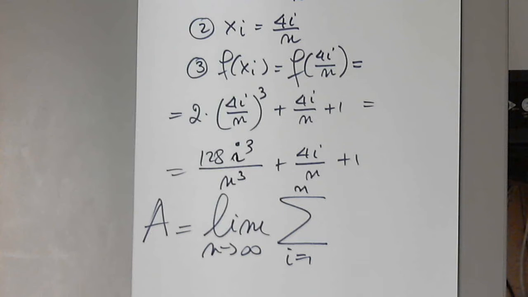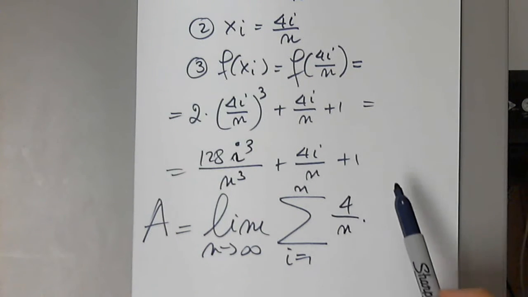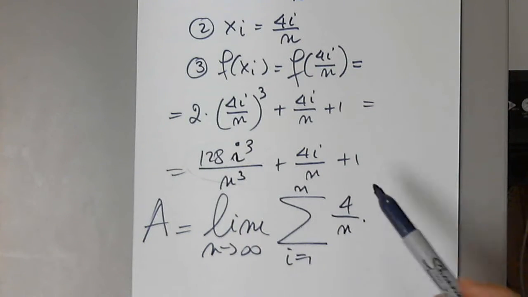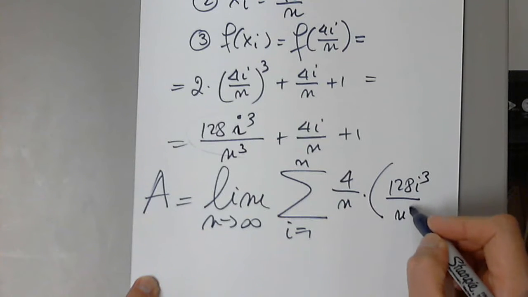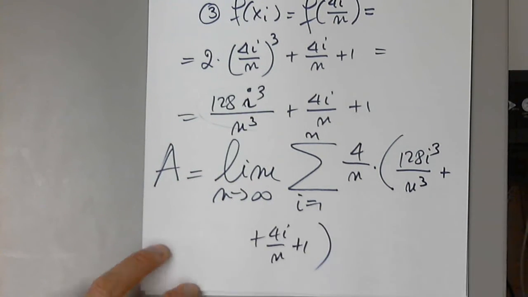Delta x times f of xi plus delta x times f of xi plus delta x times f of xi. What is delta x? 4 over n. Very good. Times f of xi, right here. That's why we determined it. This is f of xi: parentheses, 128 i cubed over n cubed plus 4i over n plus 1.